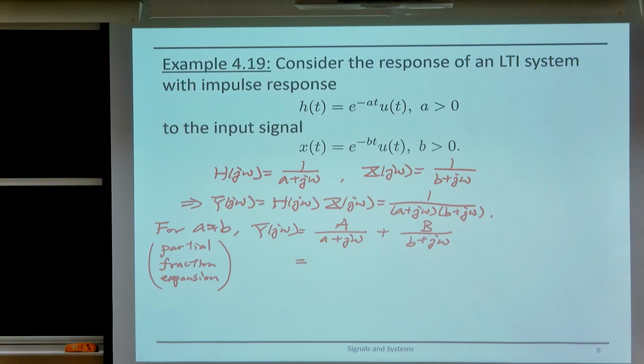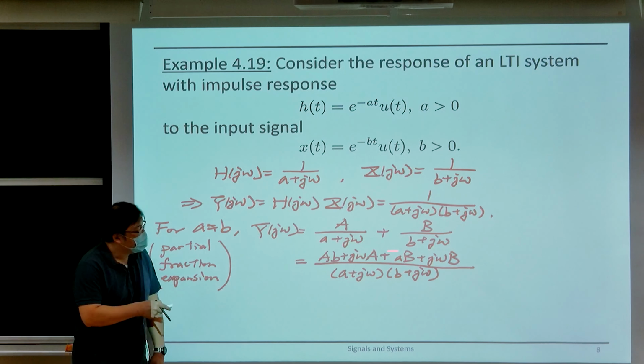If you combine the two, then you will have a plus j omega times b plus j omega in the denominator, and in the numerator, you have A times (b plus j omega) plus B times (a plus j omega).